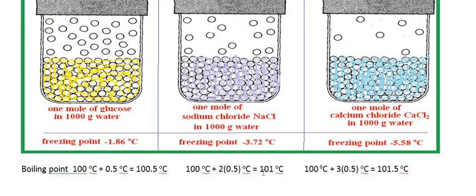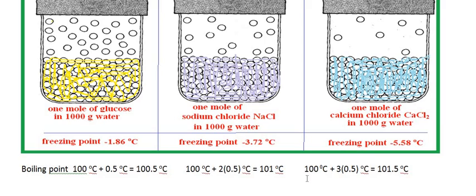In the same way, if you dissolve 1 mole of calcium chloride, you know that calcium chloride dissociates in water to form 3 particles, 1 mole of calcium and 2 moles of chloride, so the total is 3 moles of ions.